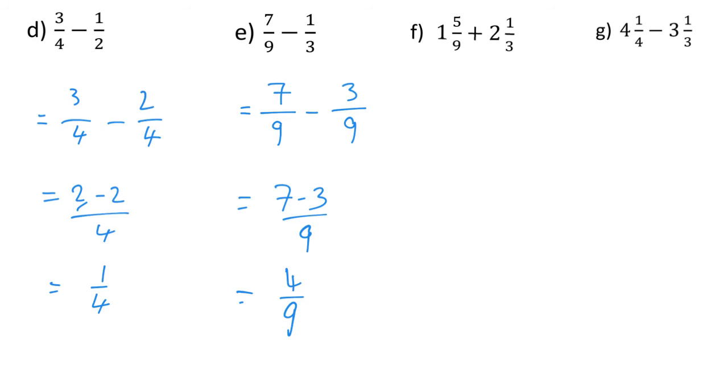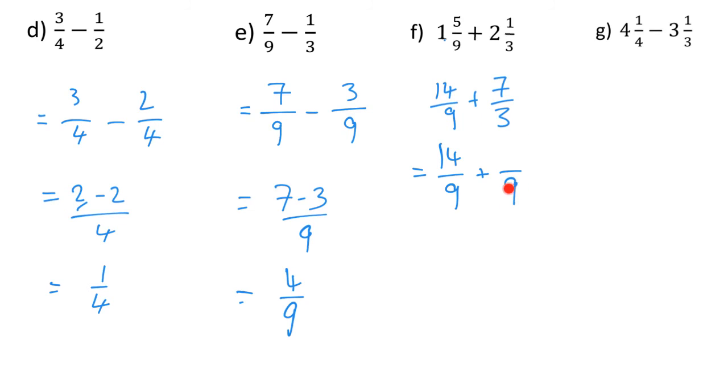Example F, we've got two mixed numbers. So what we should do is change those into top-heavy fractions. So 1 5/9: 1 is made up of 9/9, so the whole thing will be 14/9. 2 1/3: there's 3/3 in 1, there'll be 6/3 in 2, so then there's 7/3 in 2 1/3. Our common denominator is going to be 9, so the 14 can remain the same.